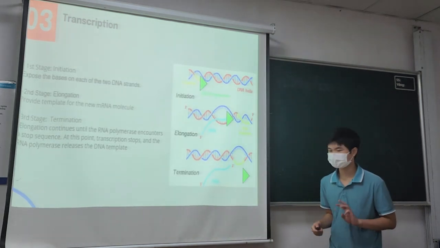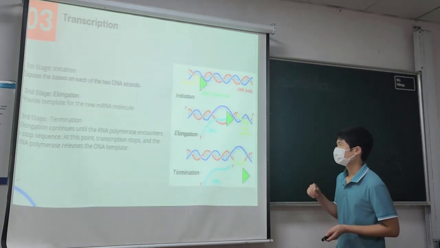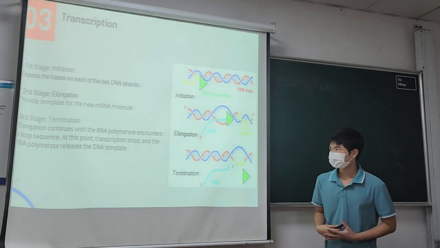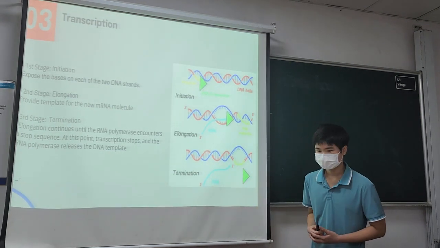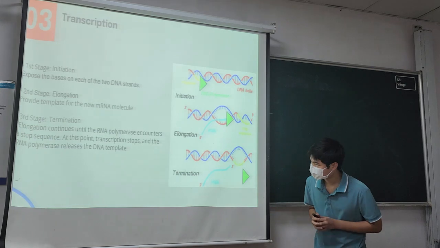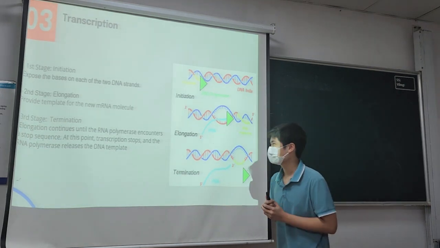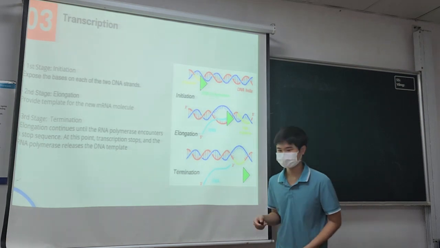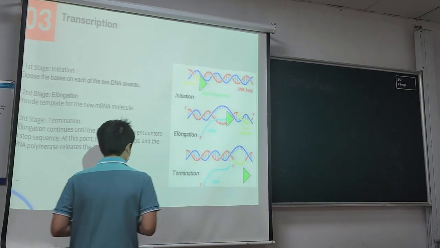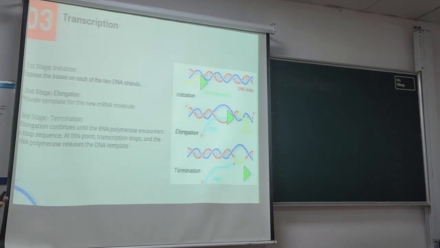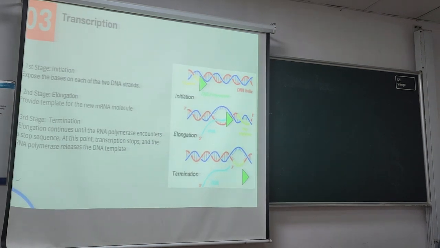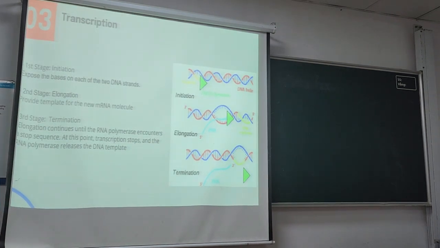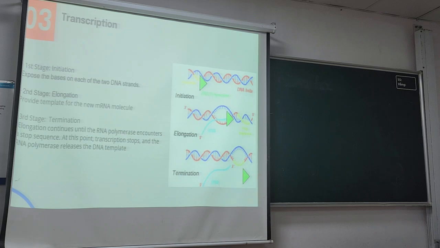These are the three stages in transcription. The first stage is initiation, which is called the base on each of two DNA strands. The next one is elongation, which is to provide a template for the new mRNA molecule.